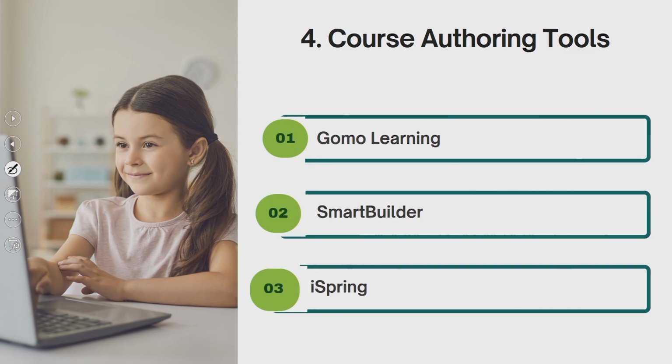Gomo Learning is a cloud-based authoring tool focused on creating responsive and adaptive HTML5 learning content. It emphasizes collaborative development and seamless deployment across multiple devices. Gomo Learning is typically a cloud-based collaboration for multiple authors to work on projects simultaneously from different locations.